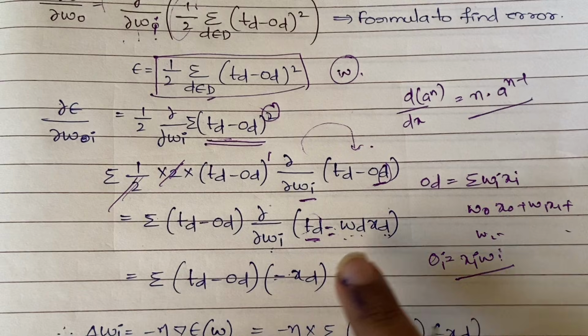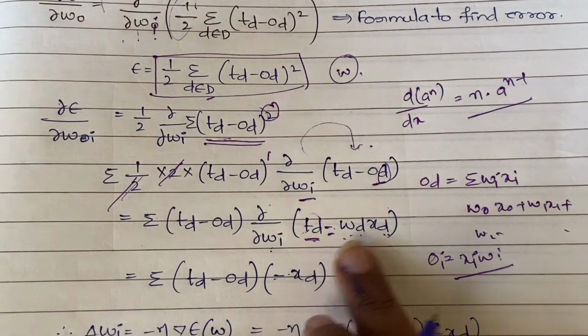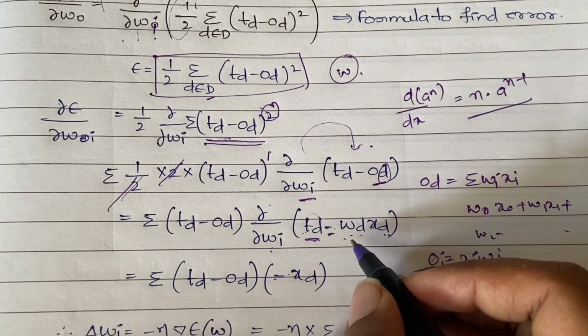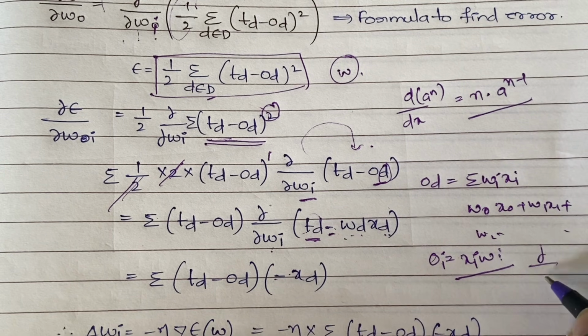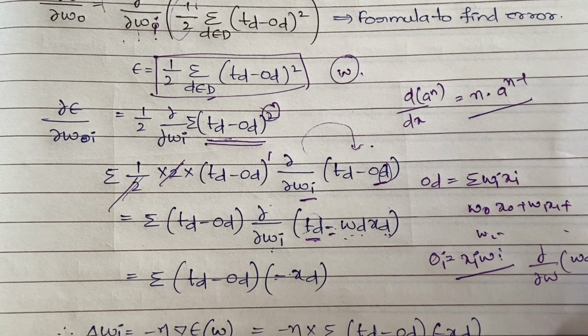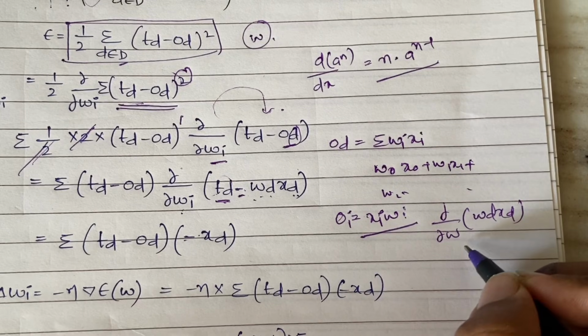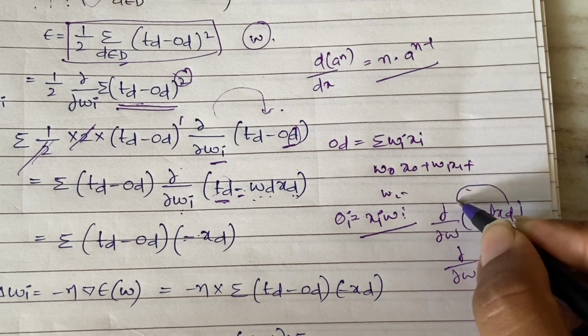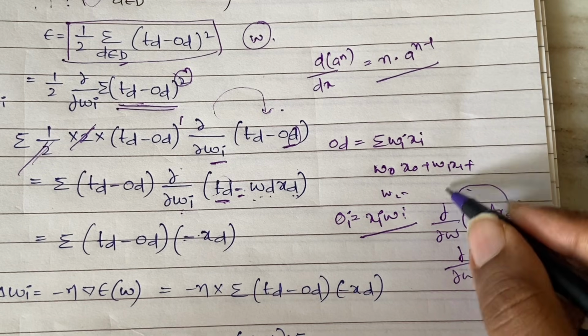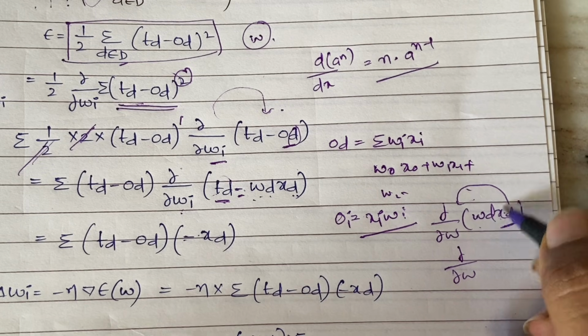Again, one more thing I forgot to tell you: how will you get xd? Simple, you are doing differentiation with respect to w, right? So d by dw of wd xd is nothing but d by dw of, you can bring this xd outside because you're not differentiating it. With respect to wd, it's a constant, so you can bring it out.